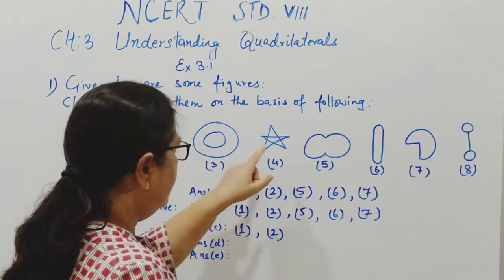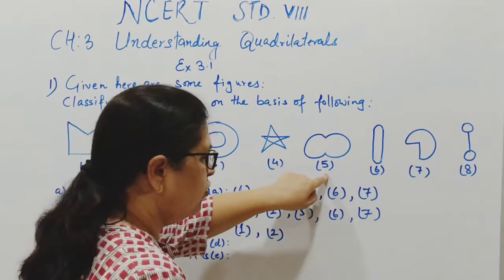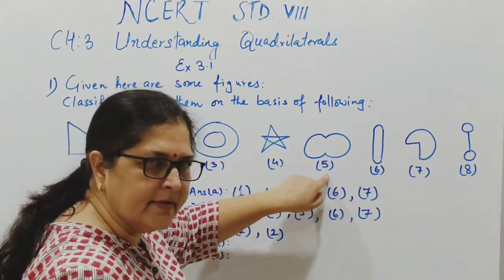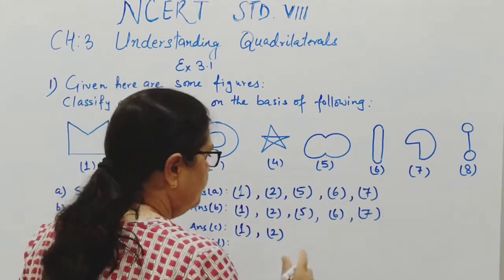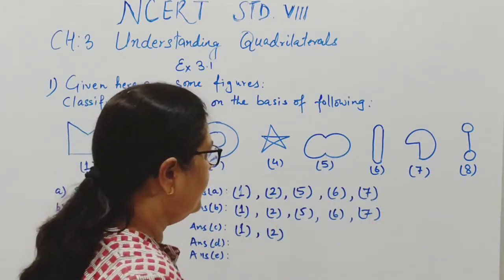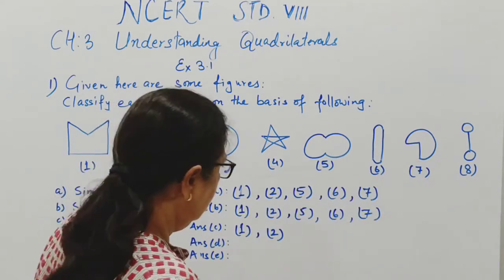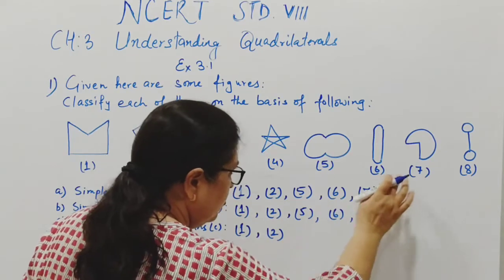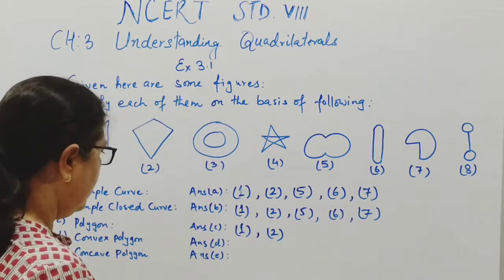Third one not simple. Fourth one not simple. Fifth one is simple closed but not made up of line segments. Similarly, sixth one simple and closed but not made up of only line segments. Seventh one simple and closed but not made up of only line segments. Eighth one not simple.